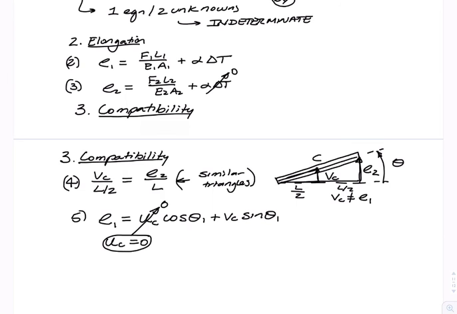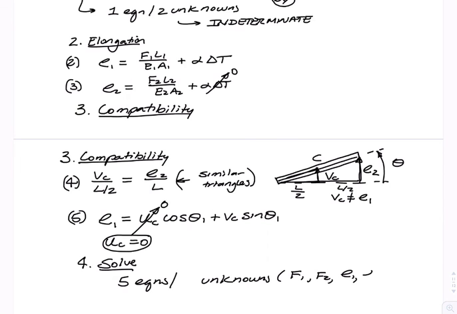So that gives me 5 equations. And so at the solve stage, I have 5 equations and the number of unknowns. Let's make a list of those. I've got F1, load carried by member 1, load carried by member 2, E1, E2, and therefore our last unknown there is VC.